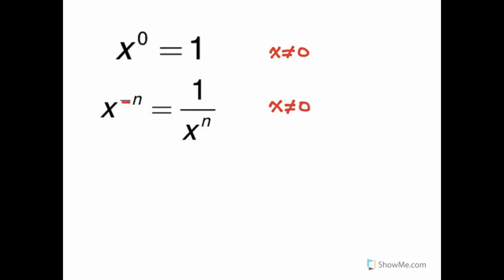This negative exponent makes the expression the reciprocal of what it would be with the positive exponent. And we can also write 1 over x to the negative n is equal to x to the positive n.